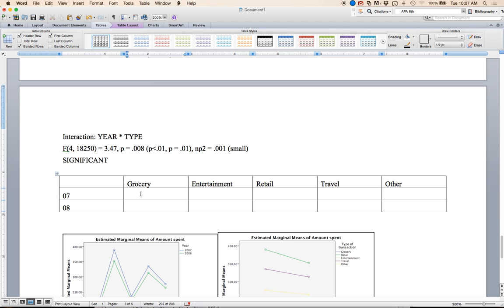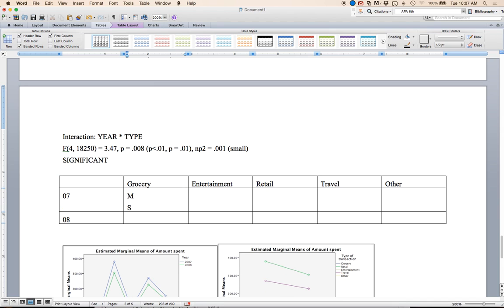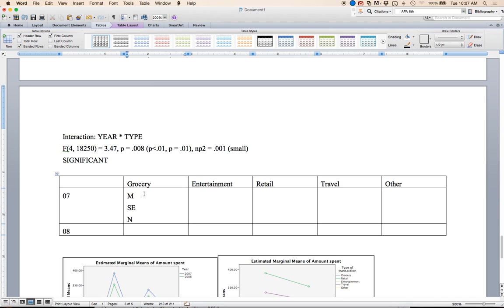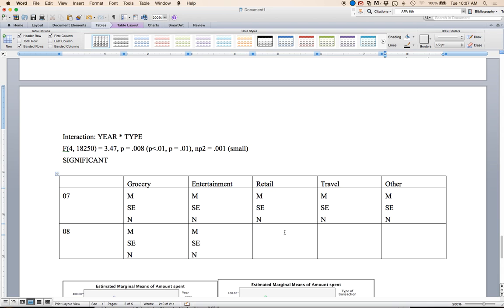I'm going to fill in this box, but I'm going to add my means, my standard errors, and my n, so that when I get to doing this in my post hoc box, I've got all my numbers I need. So this is kind of an extra step, but for me it helps me understand which way I'm going to analyze the interaction, and then it also means that I have all the numbers I need to do the post hoc test and D.